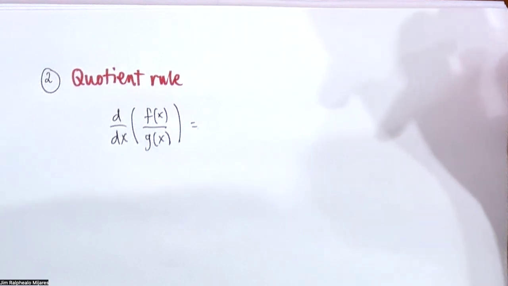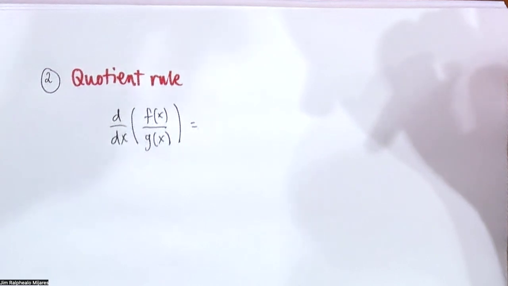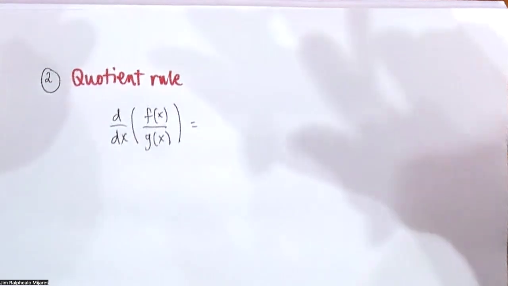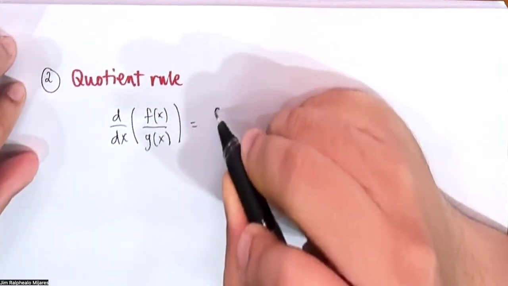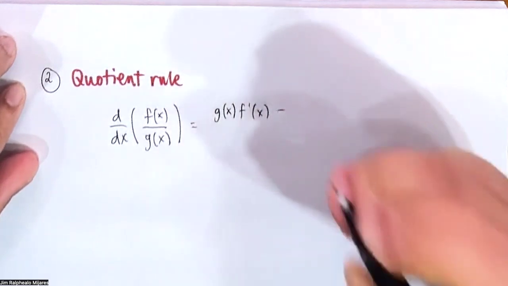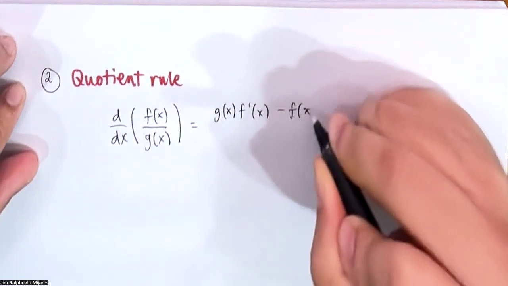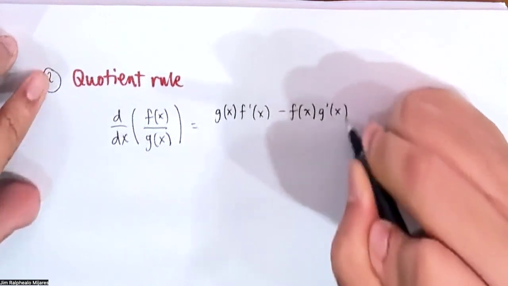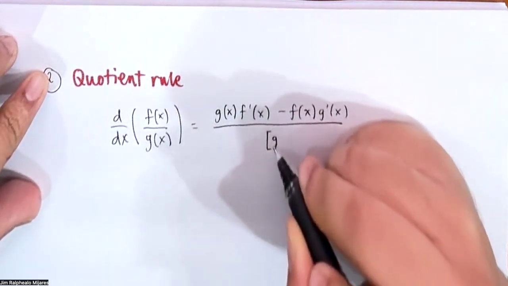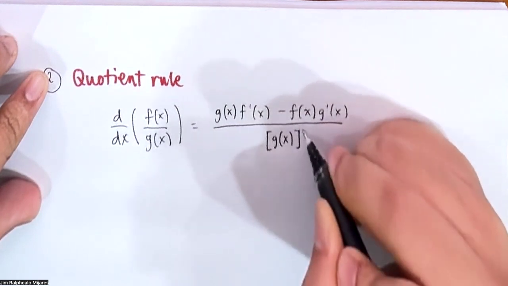Now, how do we solve this? I'm gonna write the formula first, then I'm gonna give a mnemonic. So this is g of x times f prime of x minus f of x times g prime of x, all over g of x squared.